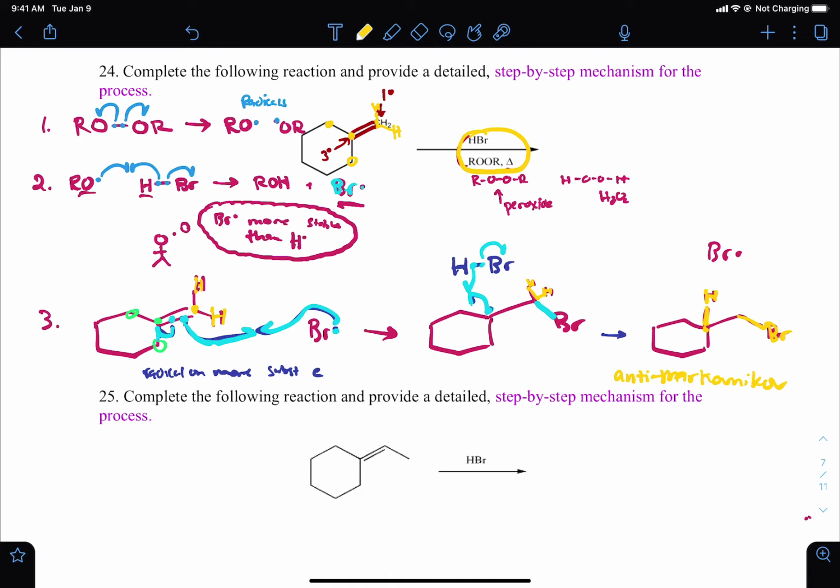It lost its pi bond, but it didn't get the H in return. That is a tertiary cation, which is very stable.